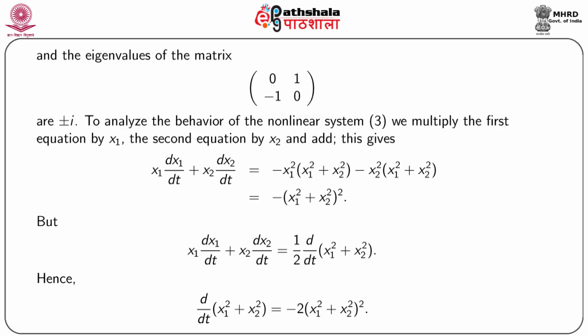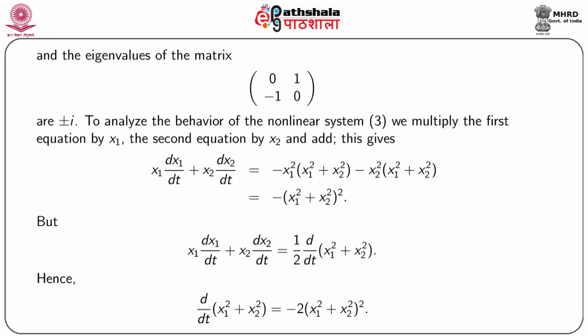If you expand, you will get lambda square plus 1 equal to 0, which means lambda square equal to minus 1, and which means lambda equal to plus minus i. Since the eigenvalues are plus minus i, we can conclude that the linearized system will give a focus or spiral point which is asymptotically stable.